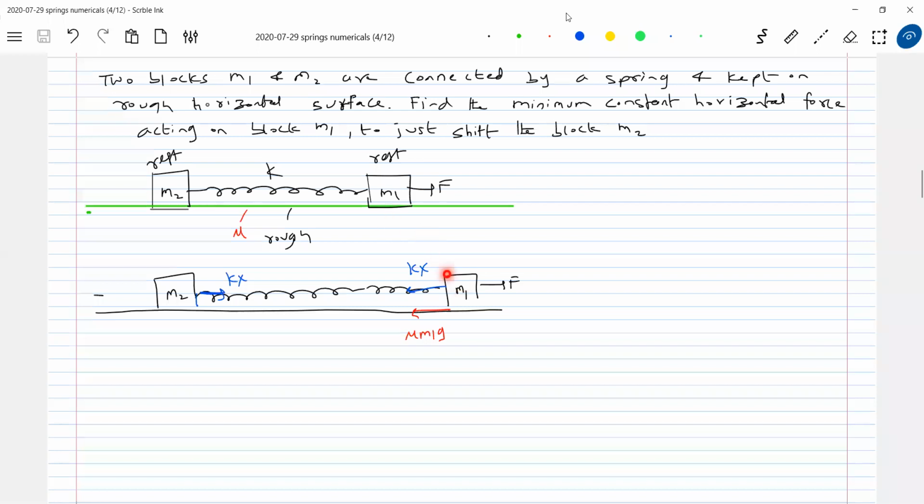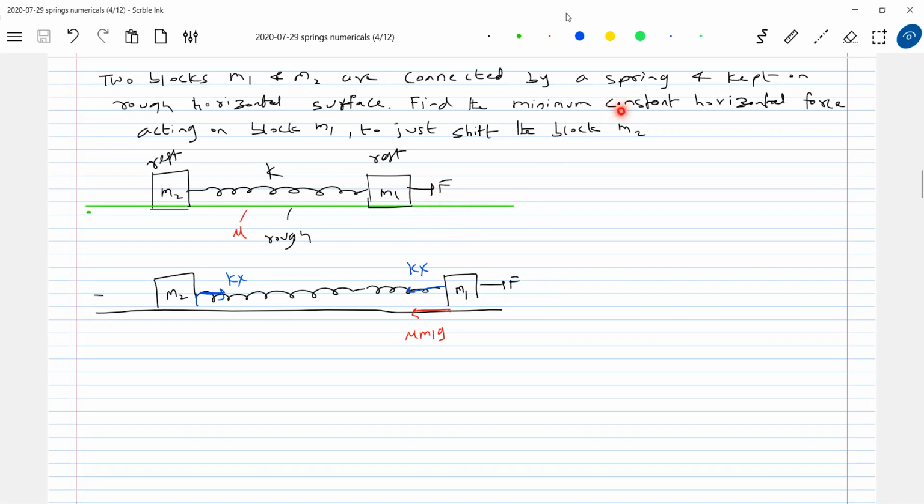So from rest to rest, I'll be moving. Gradually, I'll increase force, then m1 will shift again like this. Not sudden. I'm not increasing suddenly.